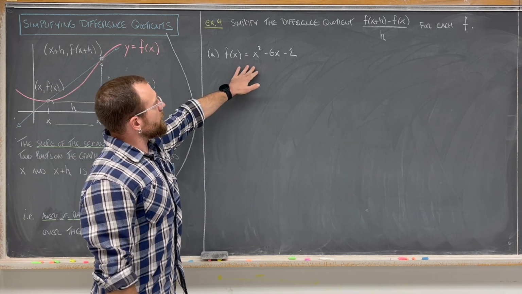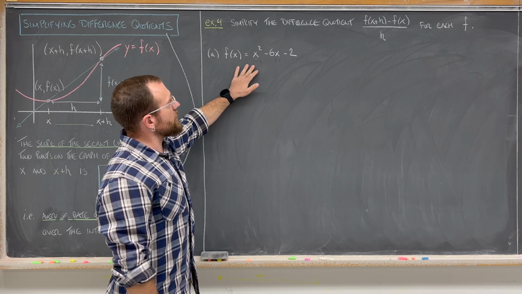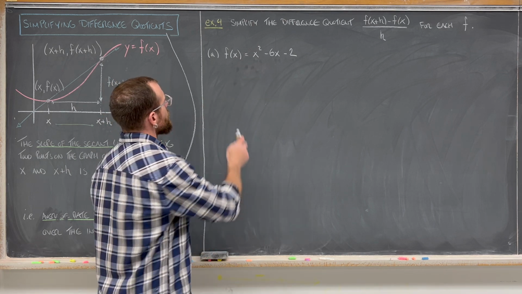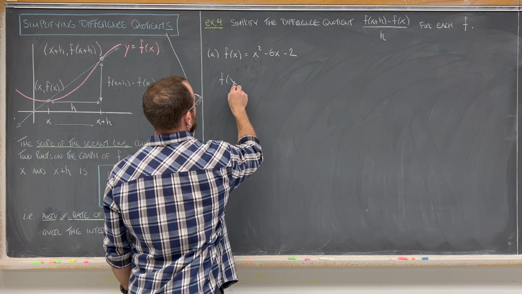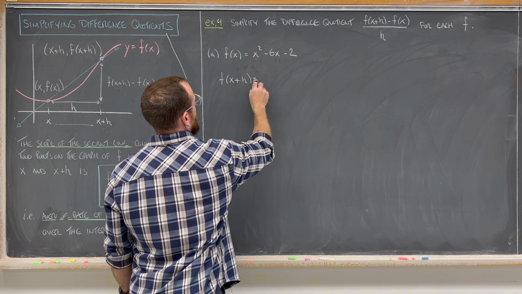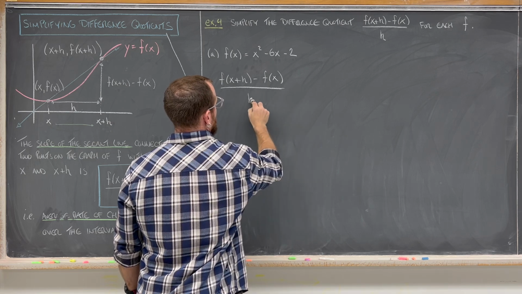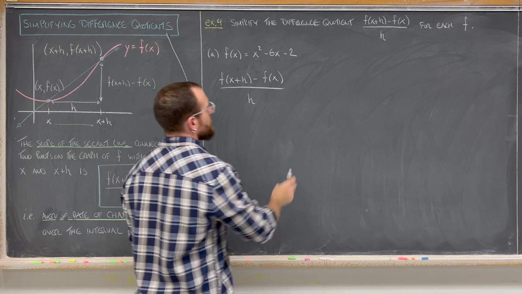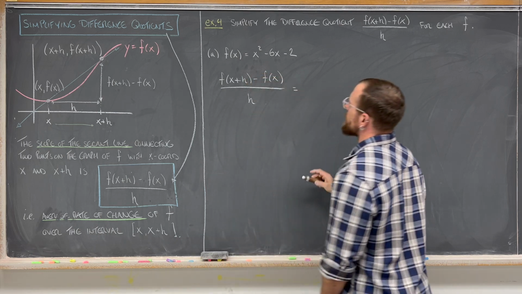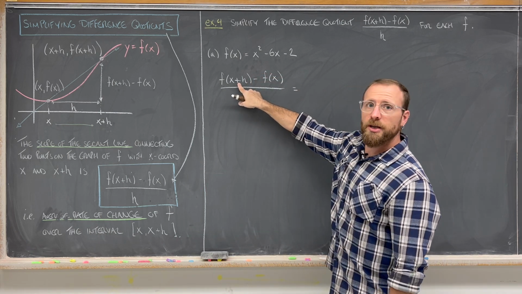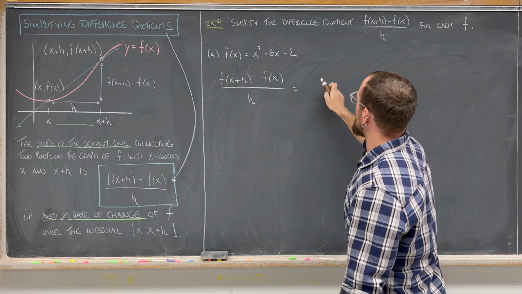The first one I want to look at is this one, this quadratic, x squared minus 6x minus 2. So what I'm trying to compute is f of x plus h minus f of x divided by h. Okay? And first, let's see. I'm going to have to plug x plus h into my function f. Well, I know how to do that.